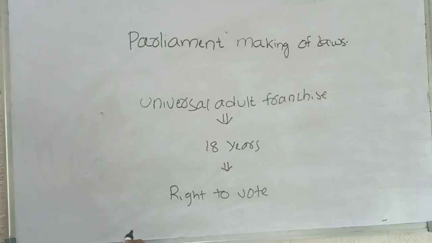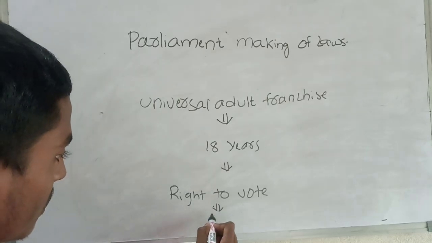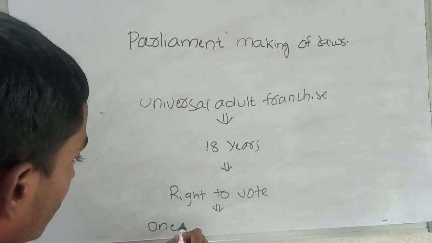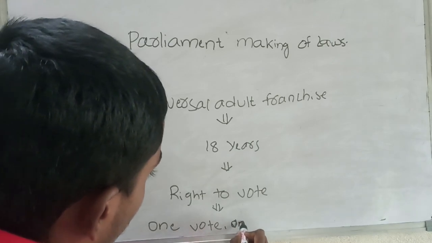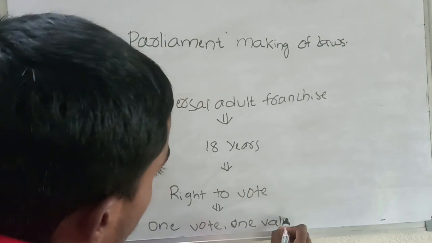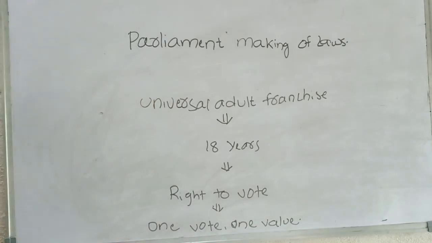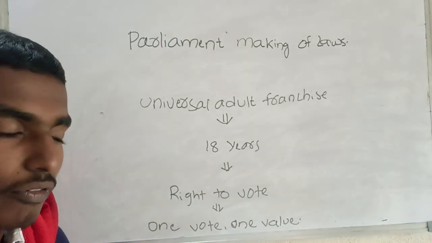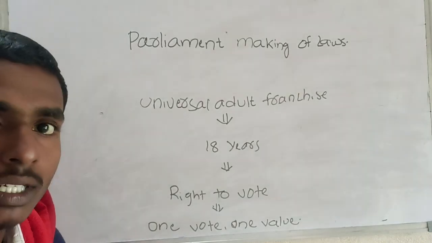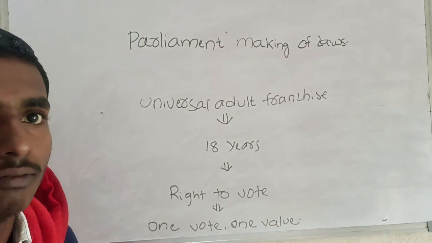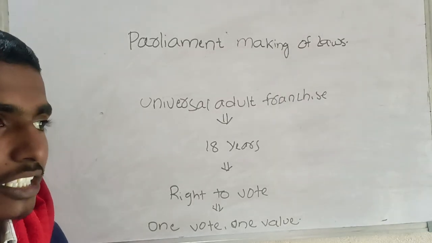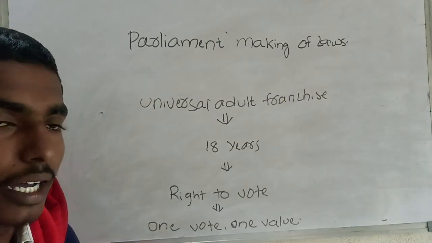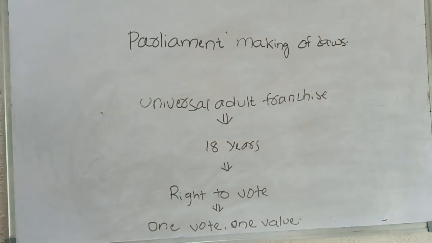And it should be one vote, one value. So this is all about universal adult franchise. Because of that, everyone in India gets the same right to vote, whether he is a beggar, a vegetable vendor, or a market owner, whoever it might be.